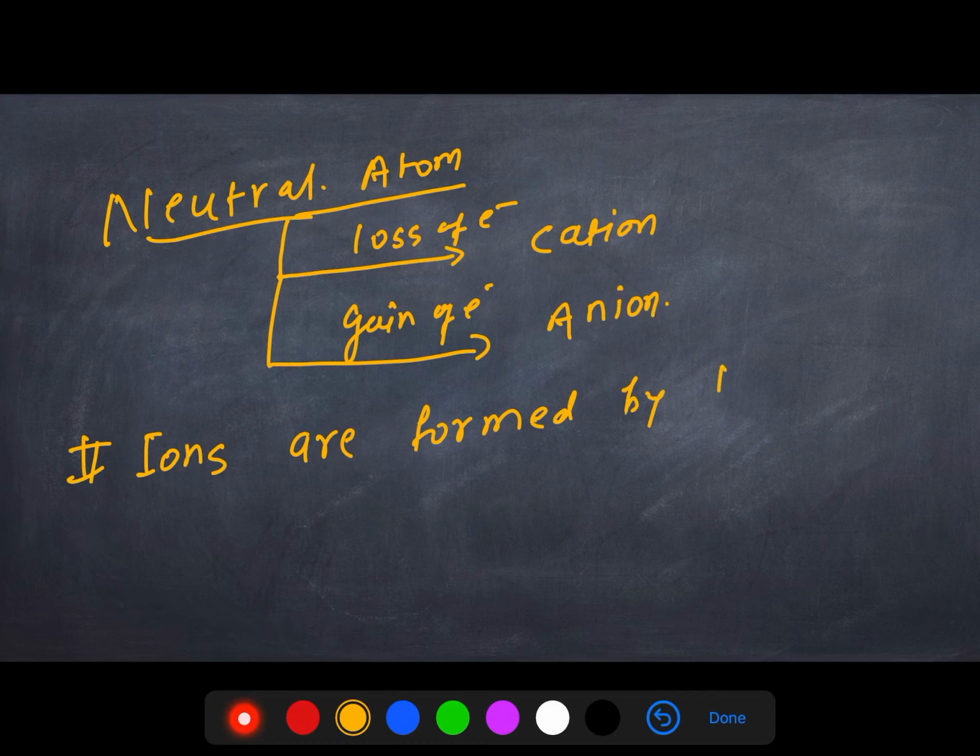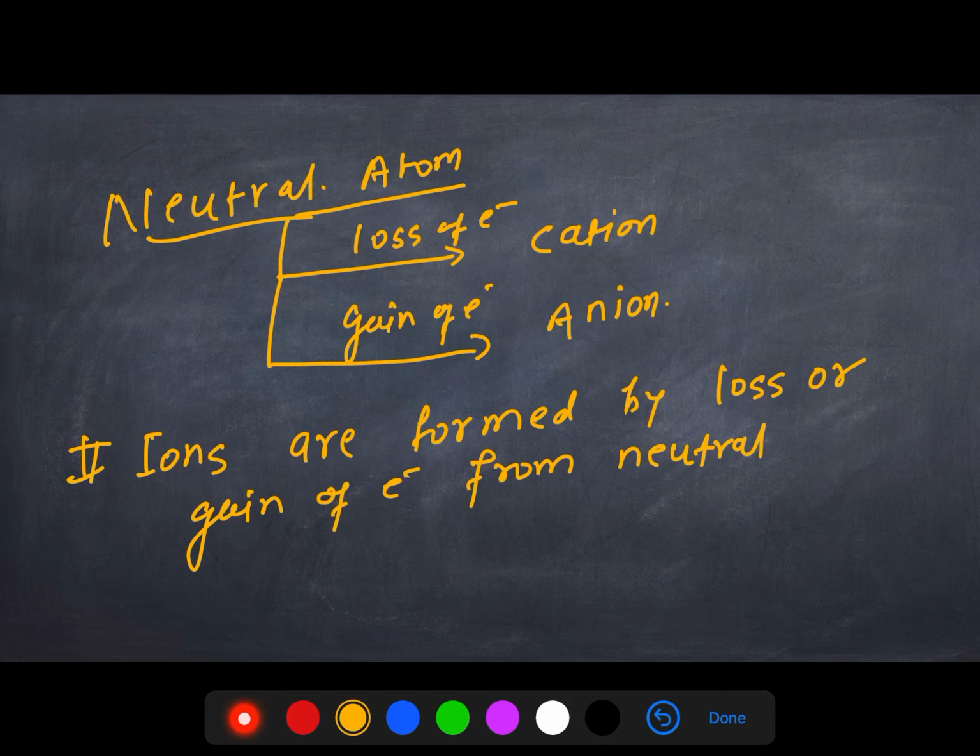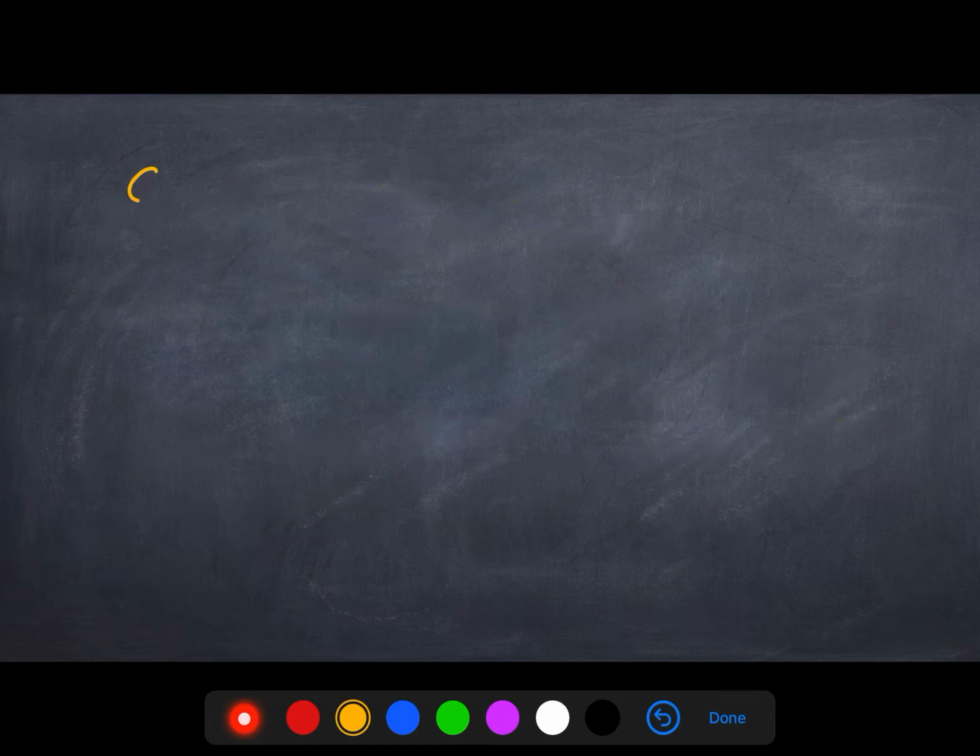We can say over here that ions are formed by loss or gain of electrons from a neutral atom. We'll keep this particular statement in mind. We also have understood the logic, right? So ions will be formed only when the neutral atom loses or gains electrons, correct?